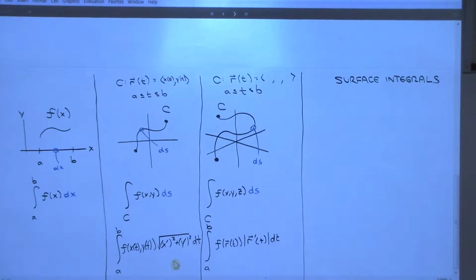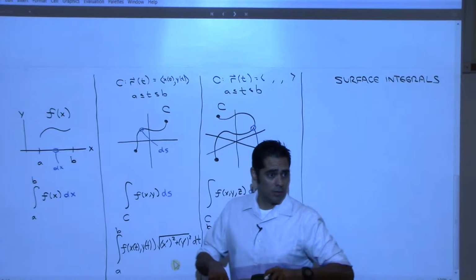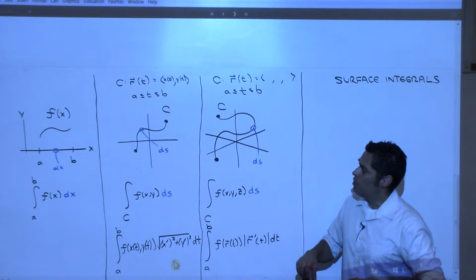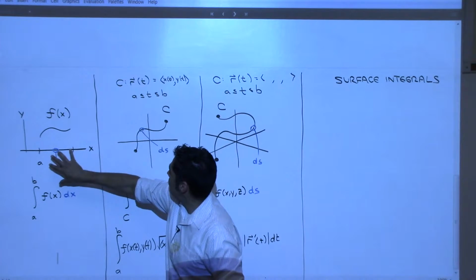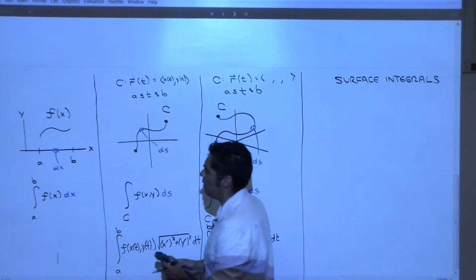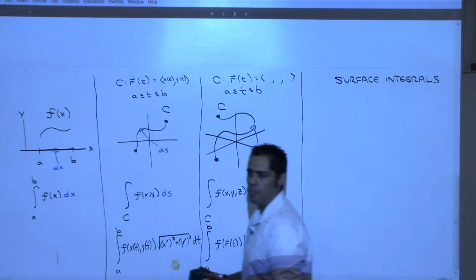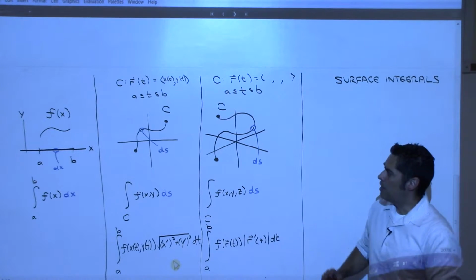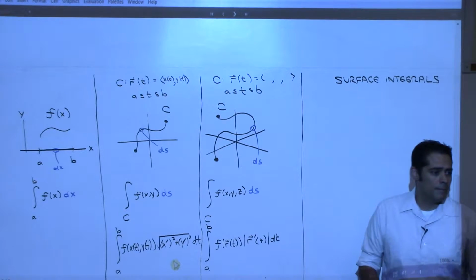Good? Then we learned that we can do these things called line integrals in this chapter, which is just a slight adaptation of this, where instead of your curve being a straight line segment on the xy plane, we can allow that curve to move around anywhere we want in the xy plane.